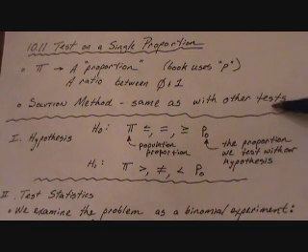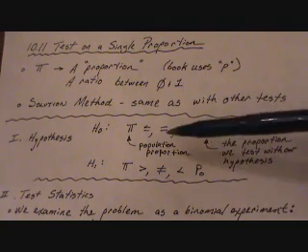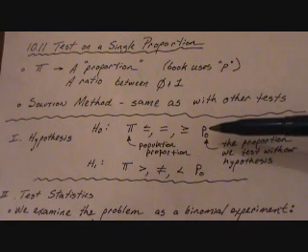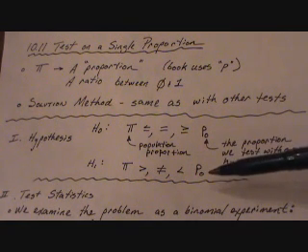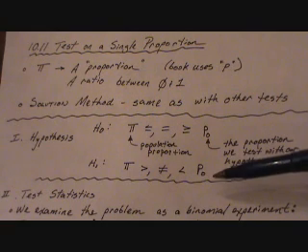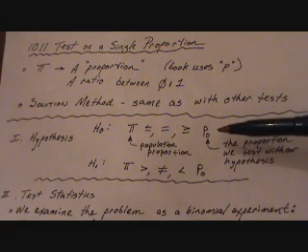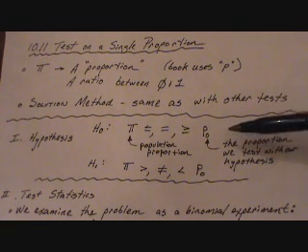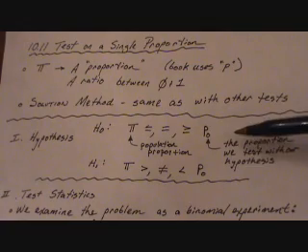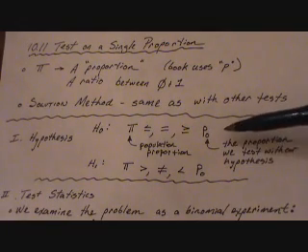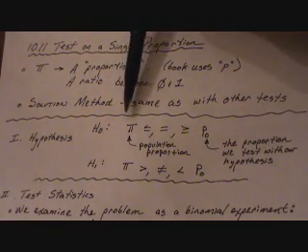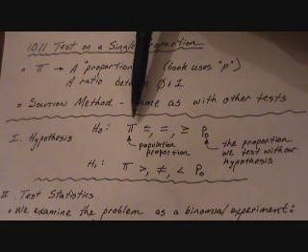So the solution method is exactly the same as with our previous test, being that we're going to assume some hypothesis and then from that have an alternate hypothesis, and then see whether or not our data supports rejecting that original hypothesis, our null hypothesis. So to introduce our terms, for our test in this case, we're going to have our proportion pi.